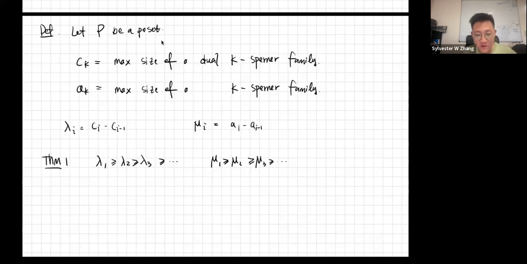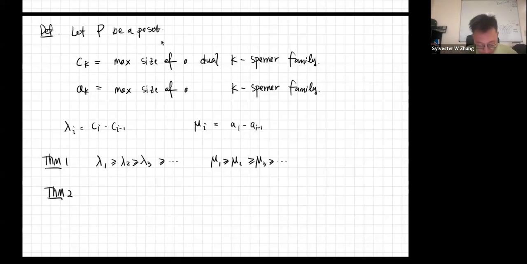Because they're decreasing, we can think of these sequences of lambdas and mu's as two partitions. Lambda_1 will be the number of boxes in the first row, lambda_2 the number of boxes in the second row, and so on.